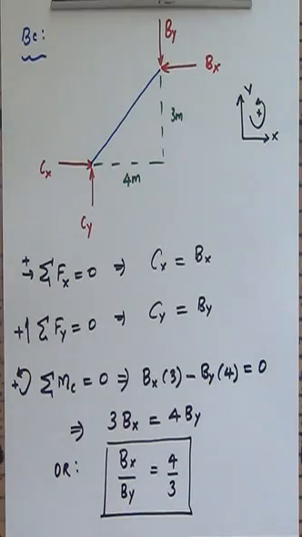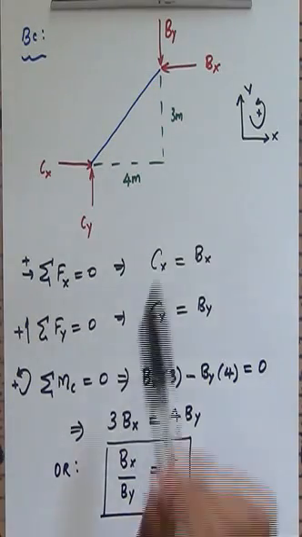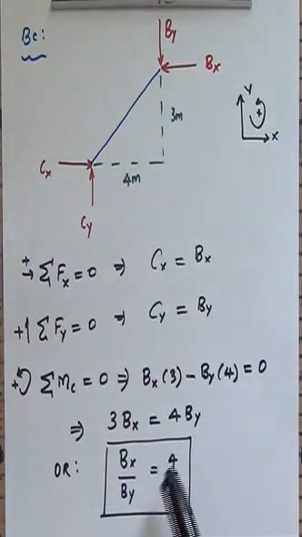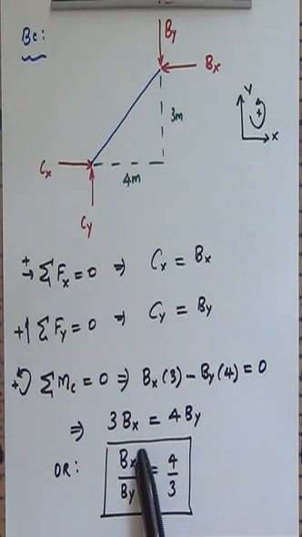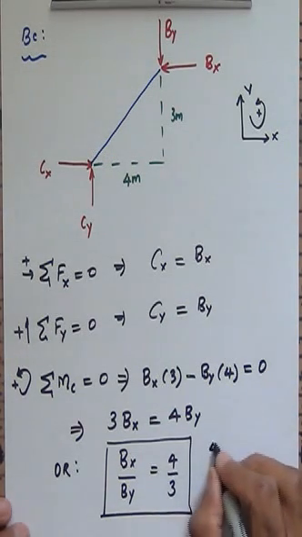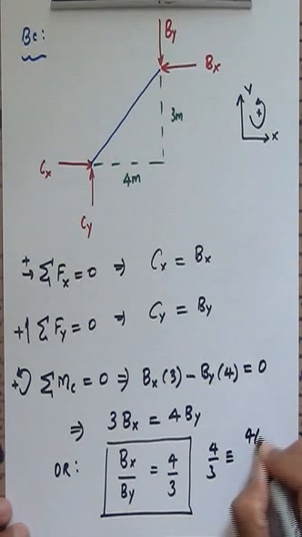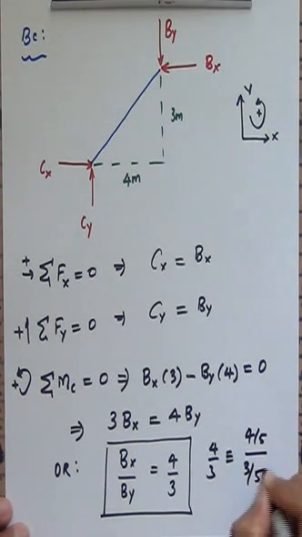And you see here that the force Bx and the force By are in a ratio. And this obviously means that Bx and By should be components of the same force. And this ratio is also good because I can write 4 by 3 to be equivalent to 4 by 5 over 3 by 5.